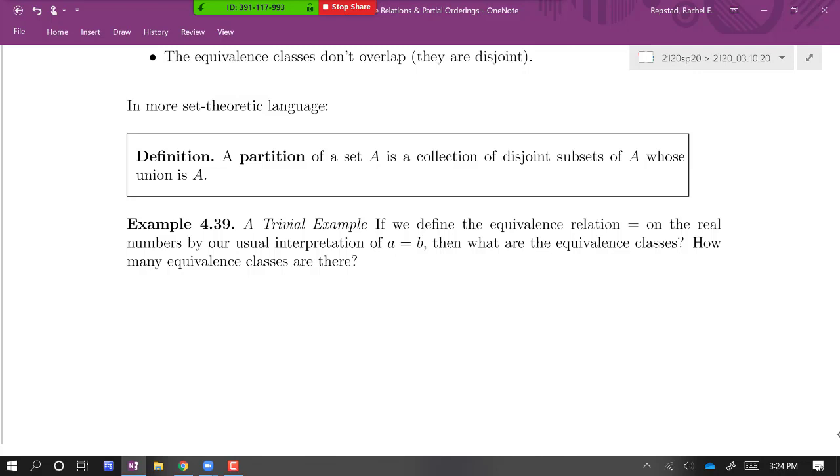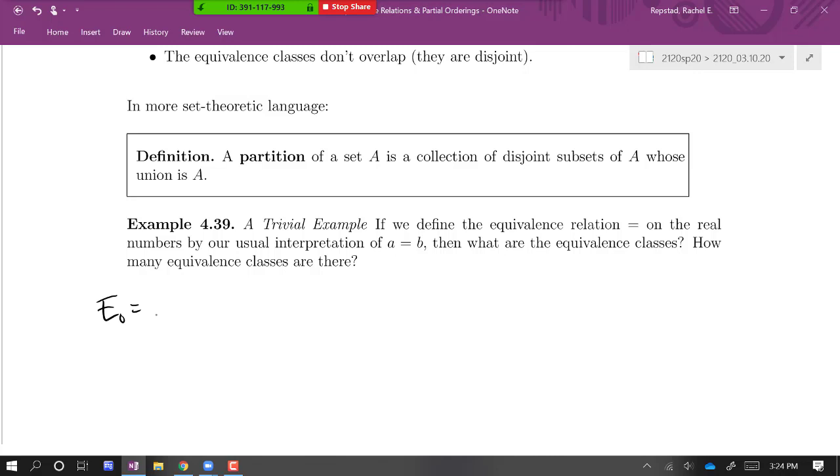So think about it this way. 0 is a real number, right? What's related to 0? Only 0. Anything else? Not a trick question.